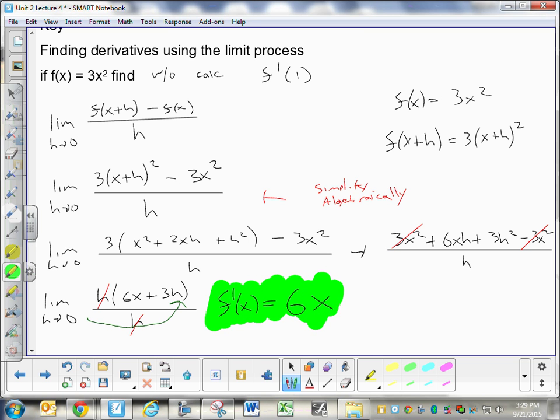What does that mean? That means that function can tell you the slope of the tangents to my original function at any point. This is like the good old buddy to 3x squared. 6x and 3x squared, best friends. 3x squared asks, hey, I don't know what my tangent is at 3.